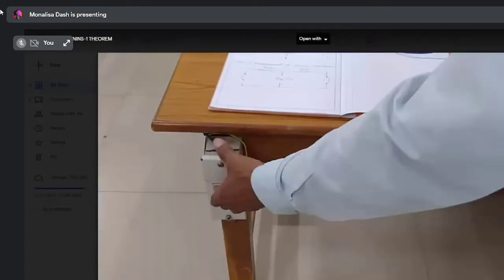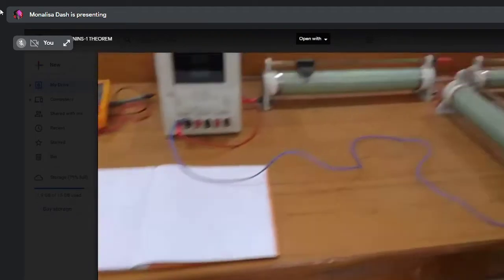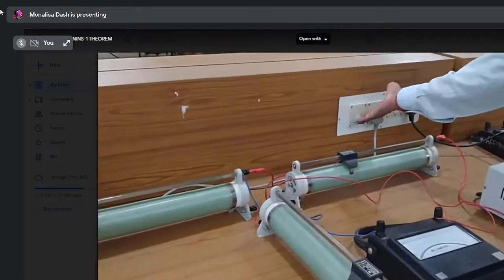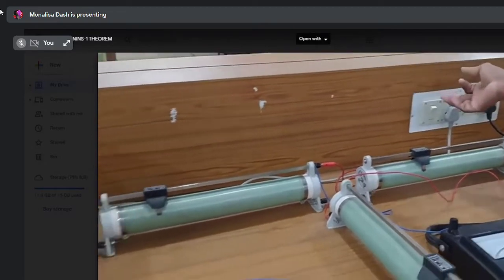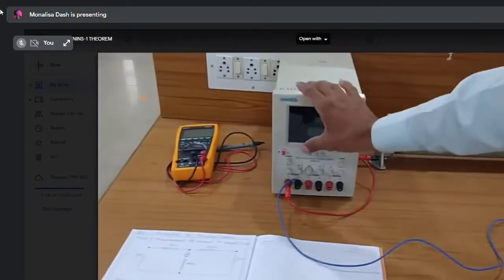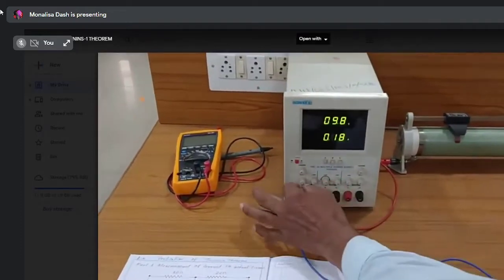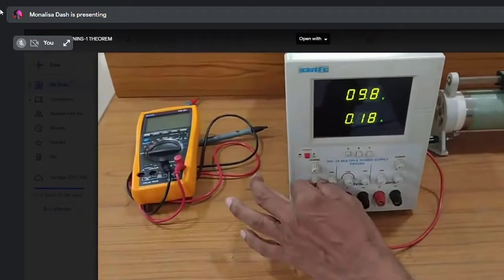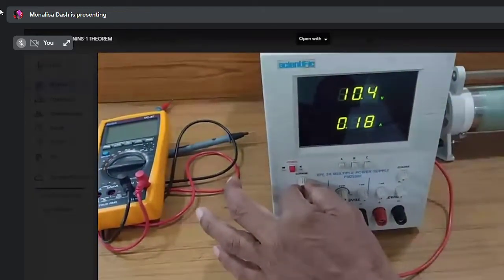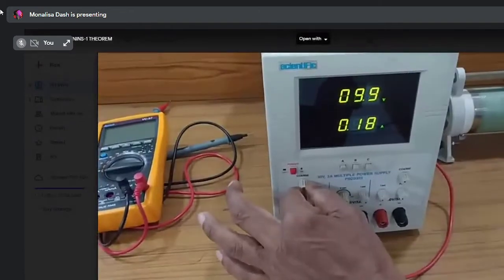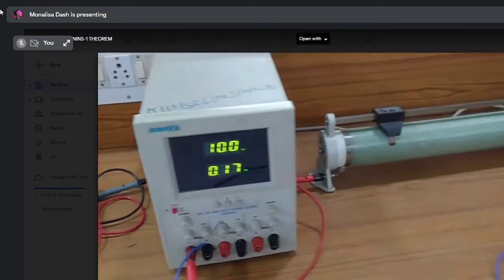Now we will give the supply. This is the MCB DP. Now by using this switch of DC supply, we have to adjust at 10 volt as V1.